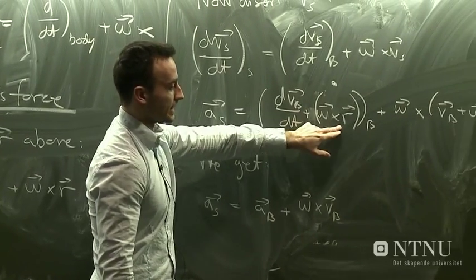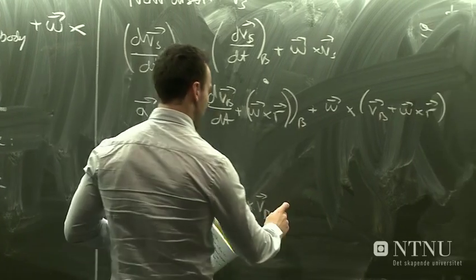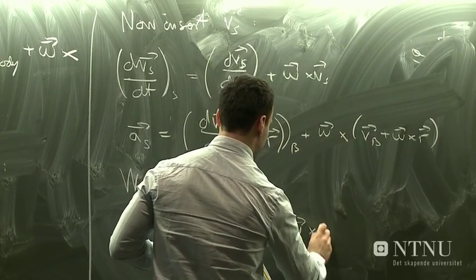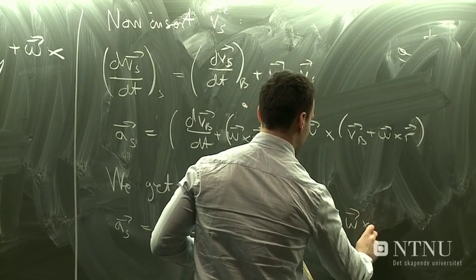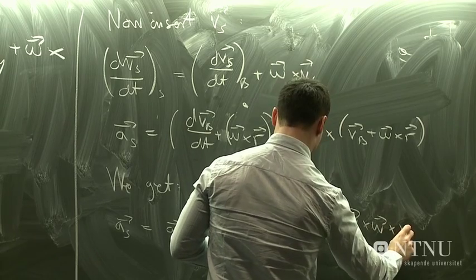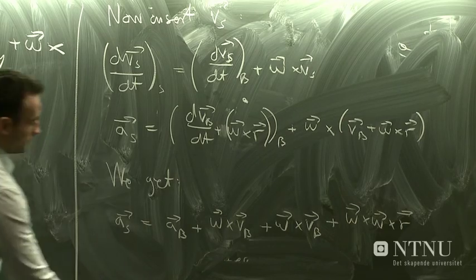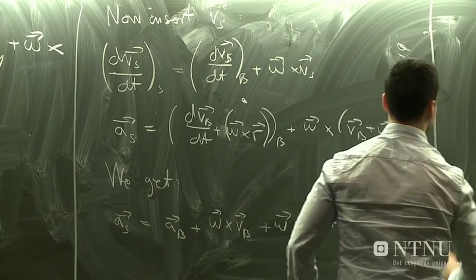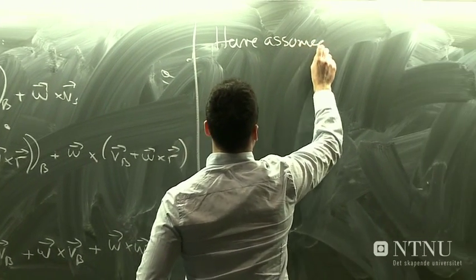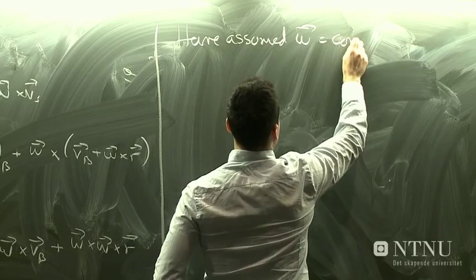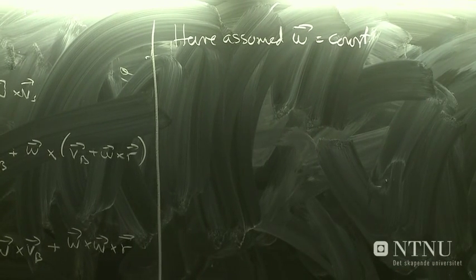In that case, it's simply dr dt, which gives us Vb, plus, we've assumed that the angular velocity is a constant.